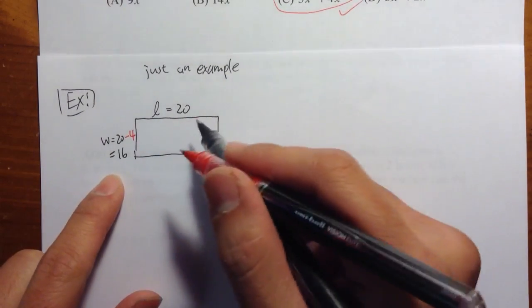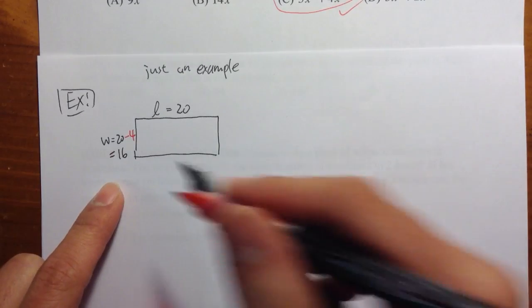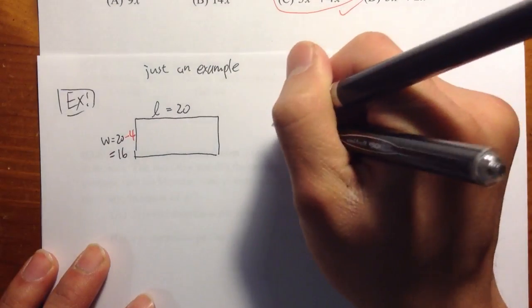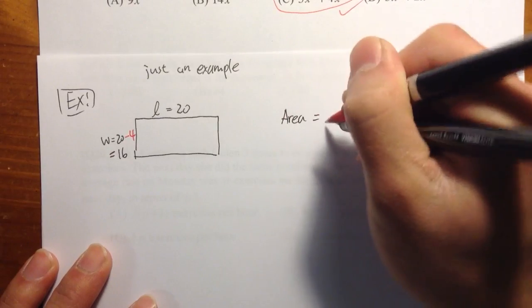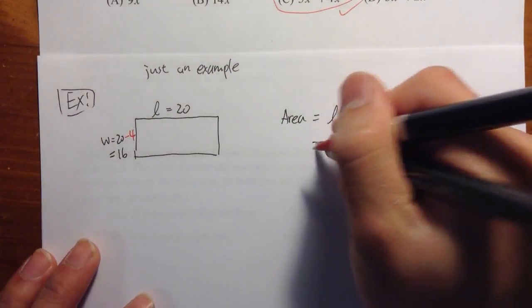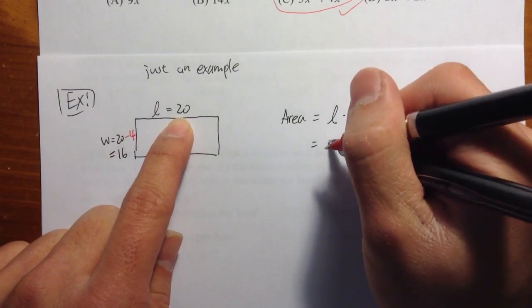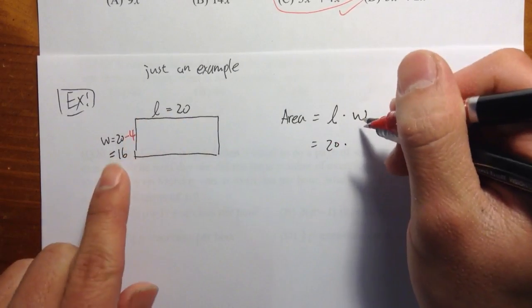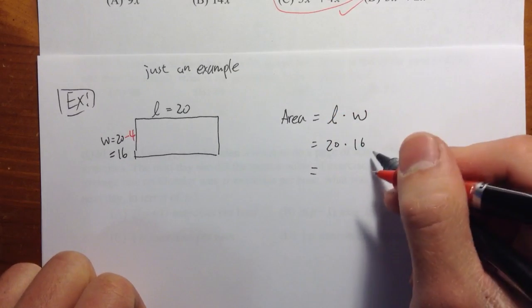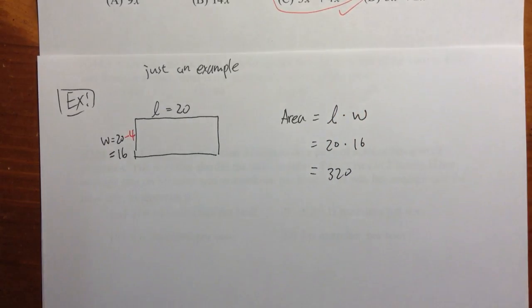Okay, so 20 and 16. If we know the length and the width, let's review how to find the area. Area is equal to length times width. So if 20 is the length, I need to multiply by the width, which is 16. Well, 20 times 16 is 320.